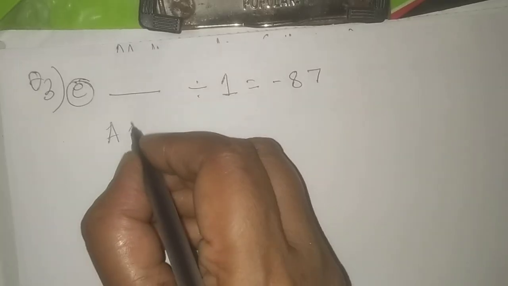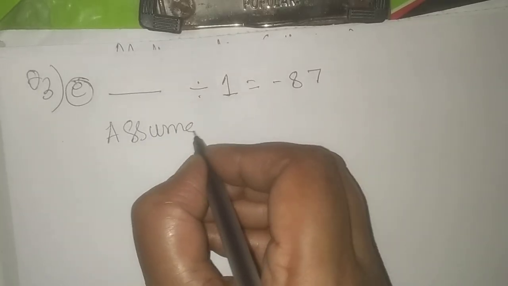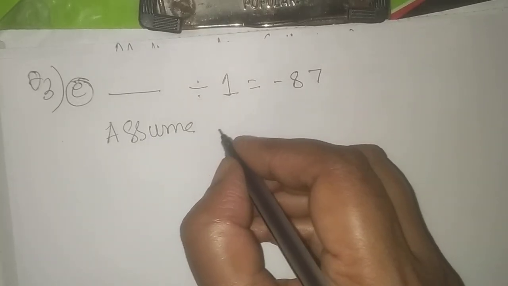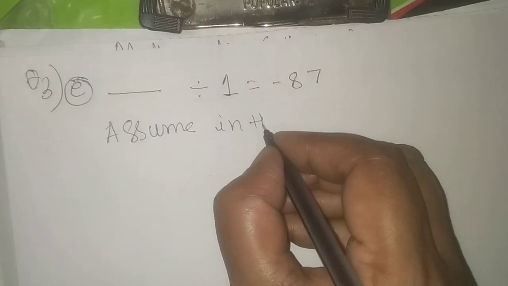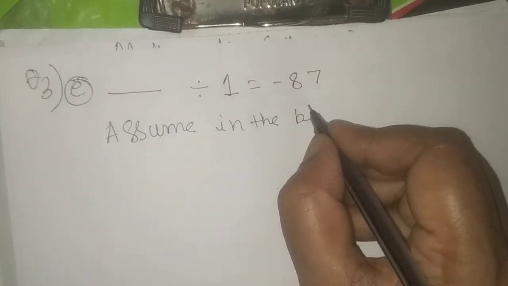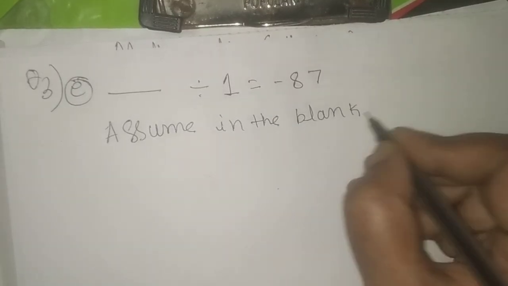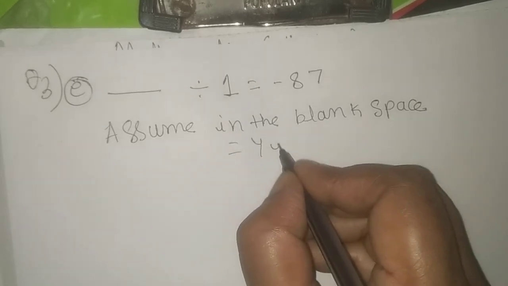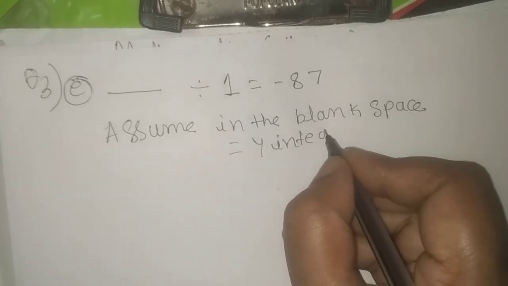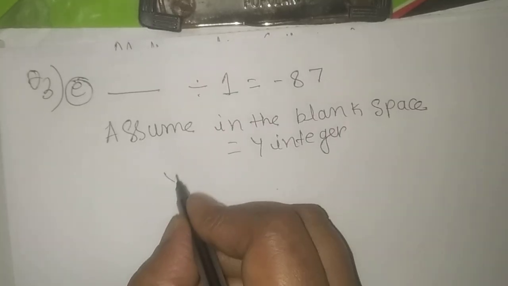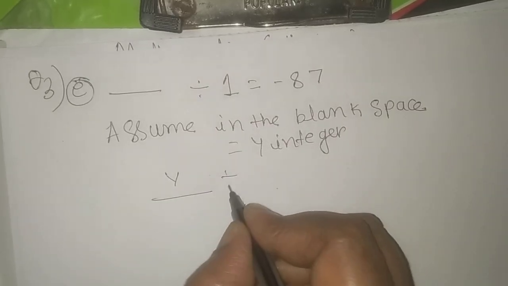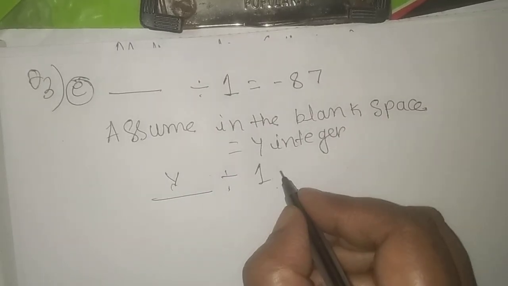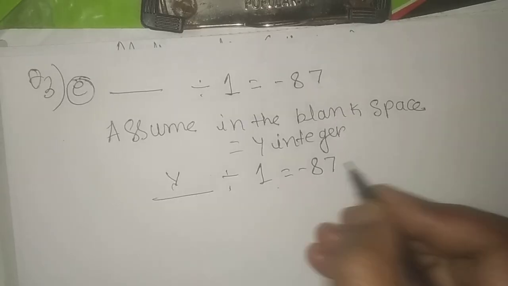Therefore assume the blank space is equal to y, an integer. You take y here, then y divided by 1 is equal to minus 87.